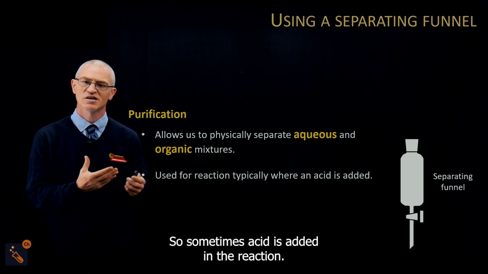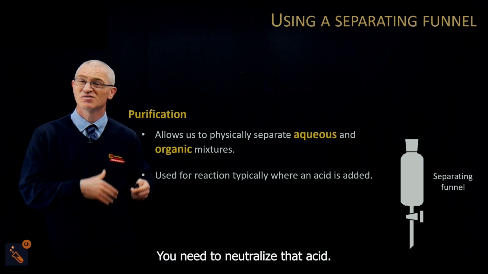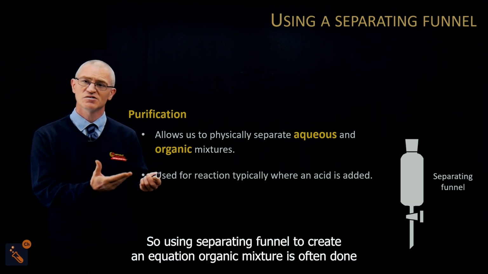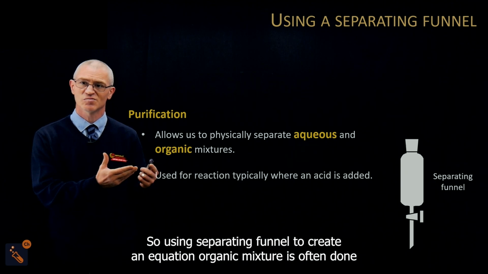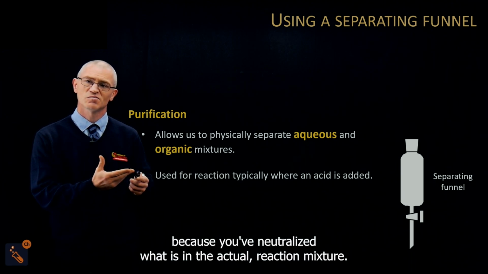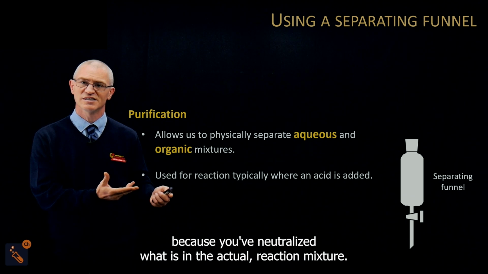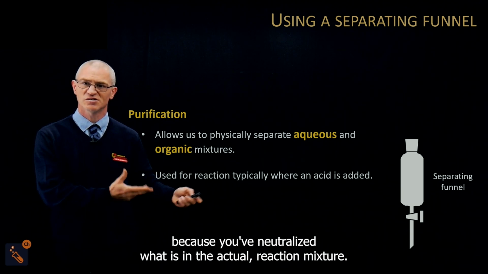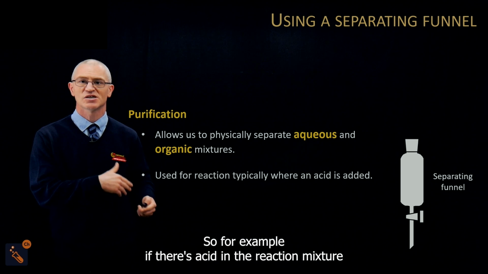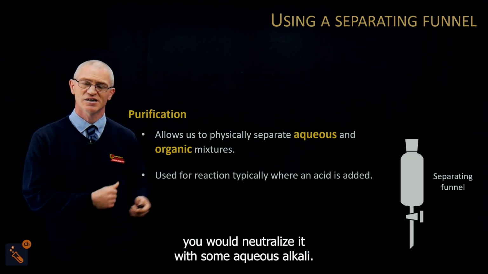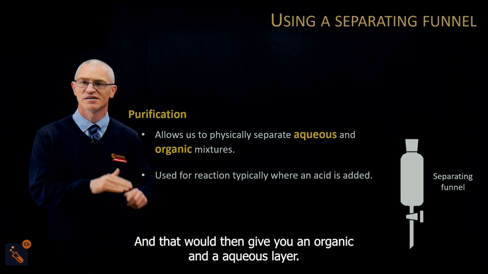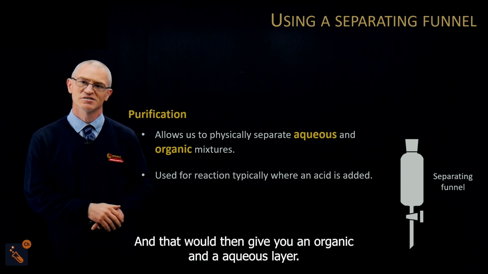So sometimes acid is added in the reaction. You need to neutralize that acid. So using a separating funnel to create an aqueous and organic mixture is often done because you've neutralized what is in the actual reaction mixture. So for example, if there's acid in the reaction mixture, you would neutralize it with some aqueous alkali, and that would then give you an organic and an aqueous layer.